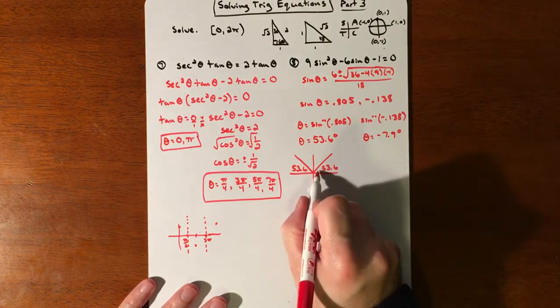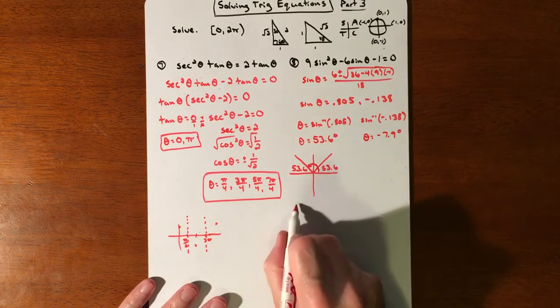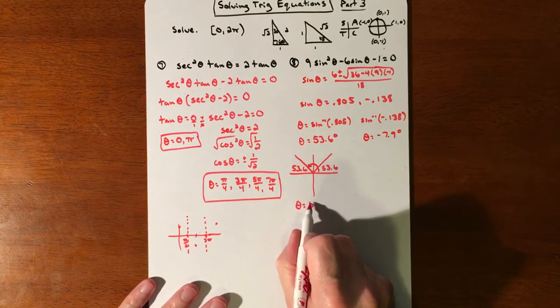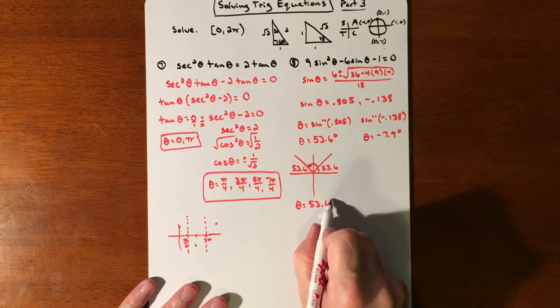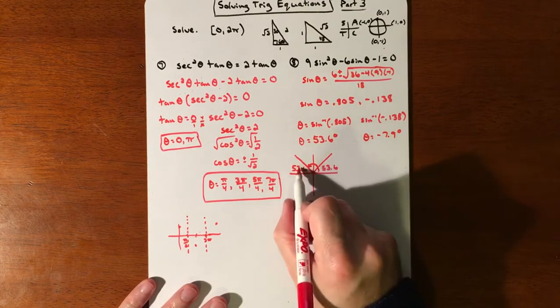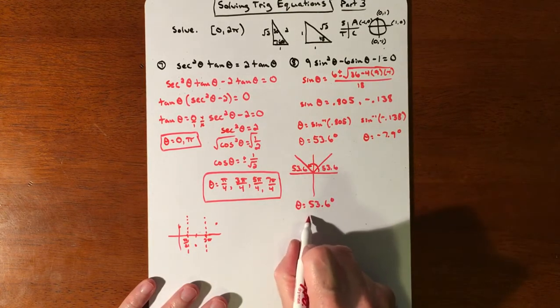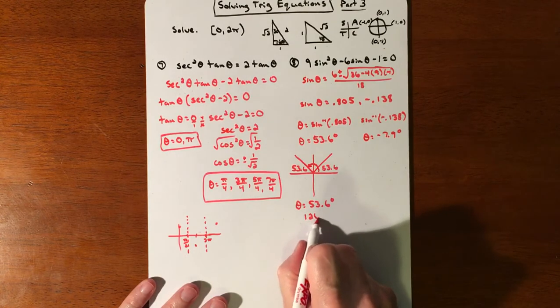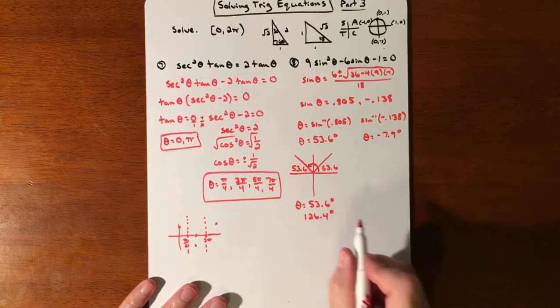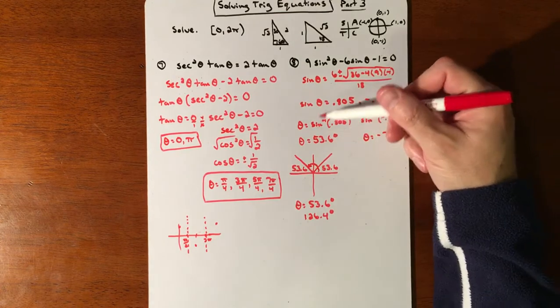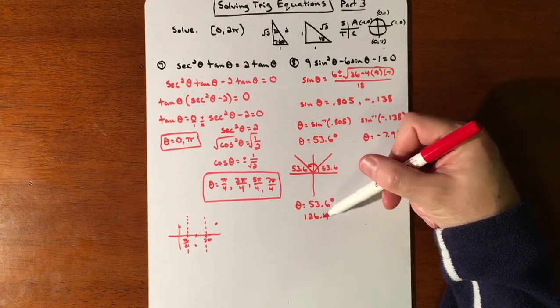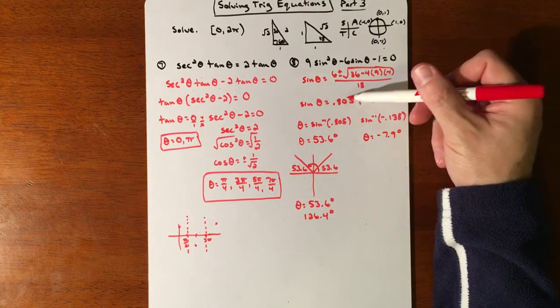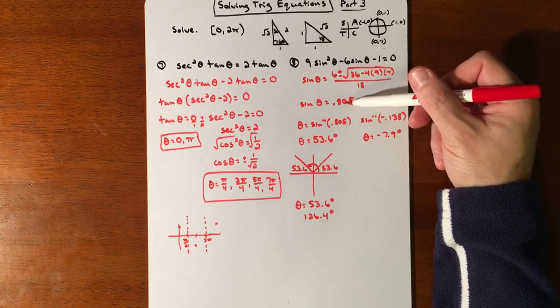So theta is going to be 53.6 degrees, and then if you take 180 minus 53.6, you also get 126.4 degrees. So if you did sine of 126.4 degrees, you would get that decimal right there. So you're going to get 2 answers from this one.